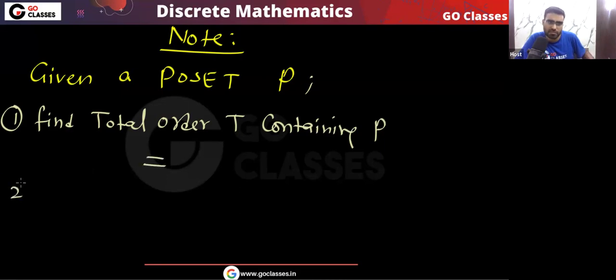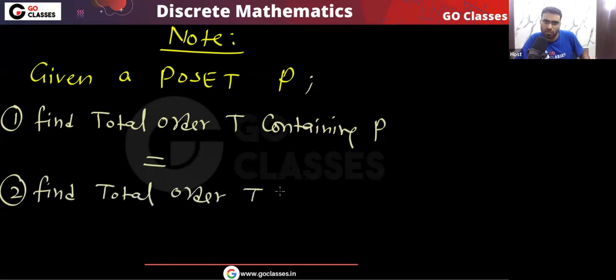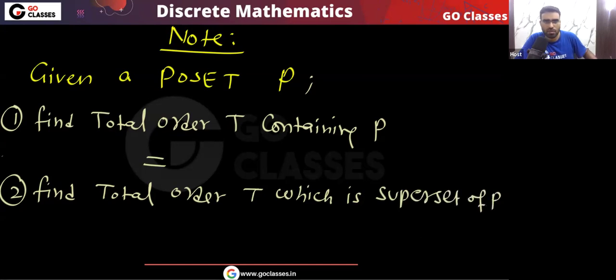That is same as find a total order which is a superset of P. And that is same as find a topological order of P.